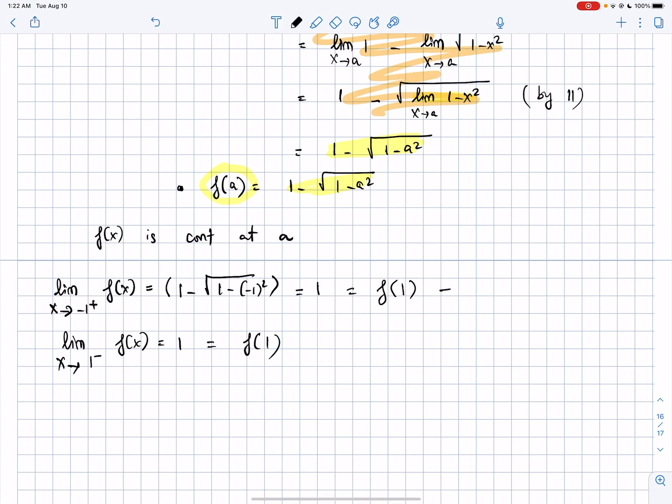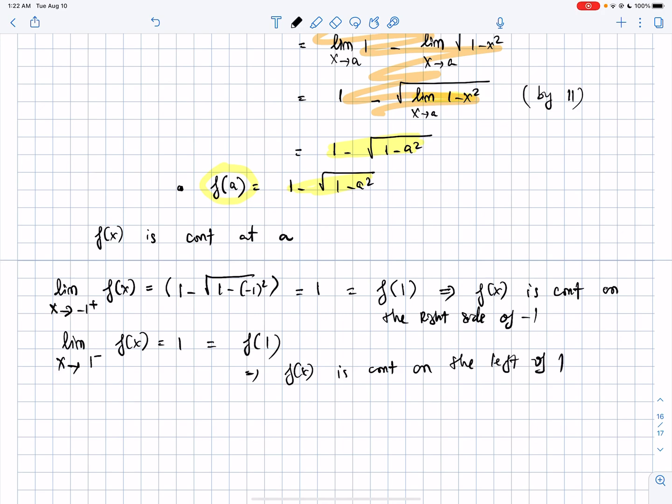So from this, we can say that the function f of x is continuous from the right side of -1. And from here, we can conclude that f of x is continuous from the left side of 1.